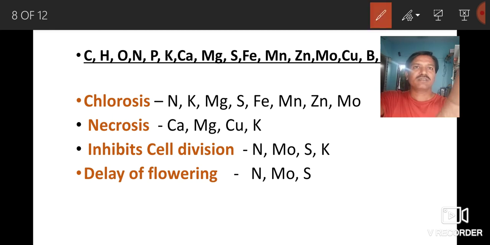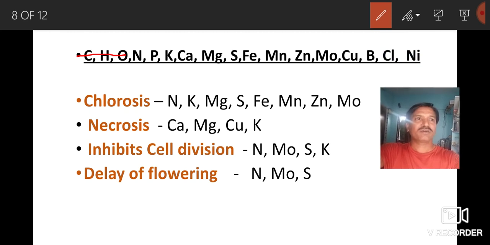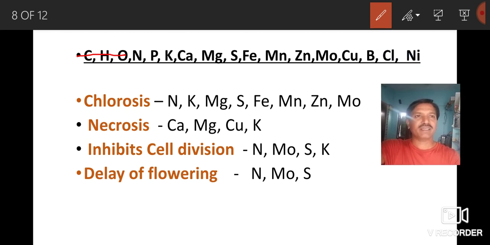Of these, C, H, O are the three structural elements. The remaining are nitrogen, phosphorus, potassium, calcium, magnesium, sulfur, iron, manganese, zinc, molybdenum, boron, chlorine, and nickel.